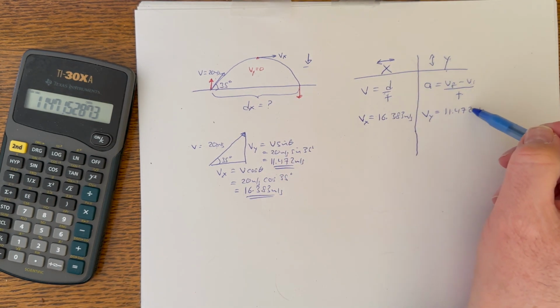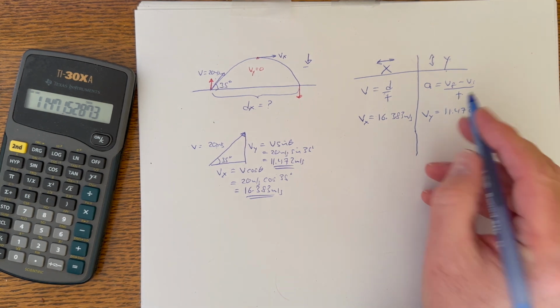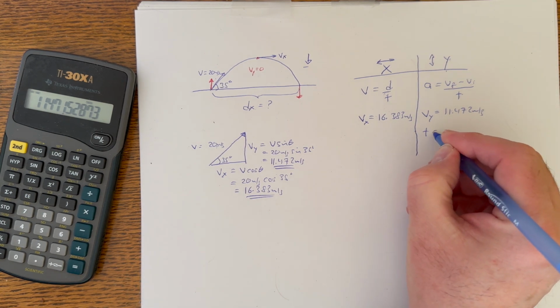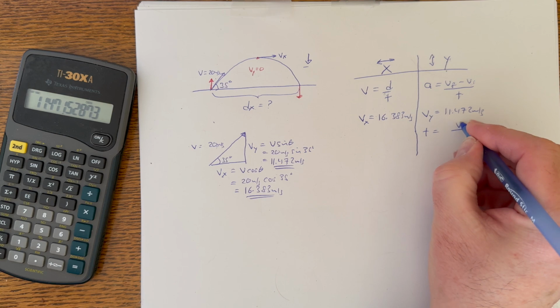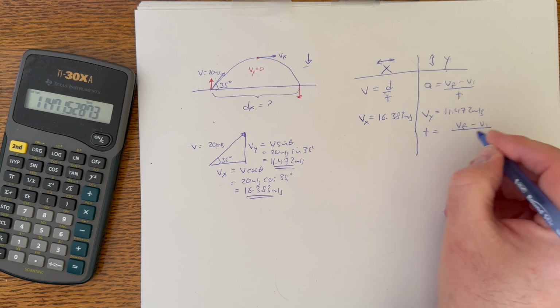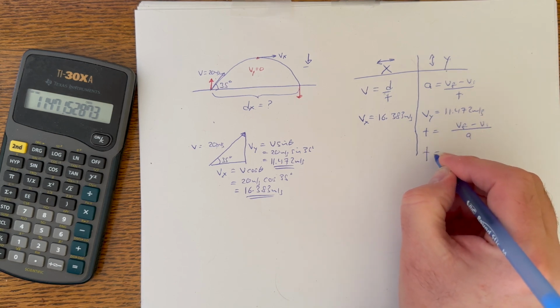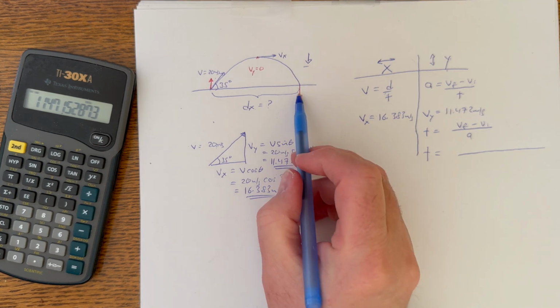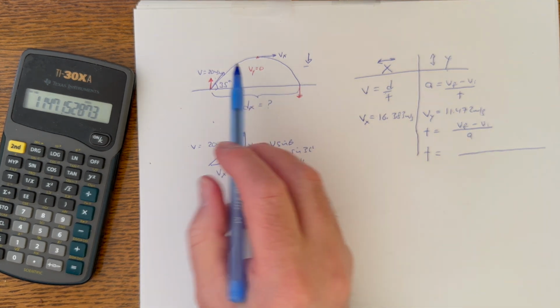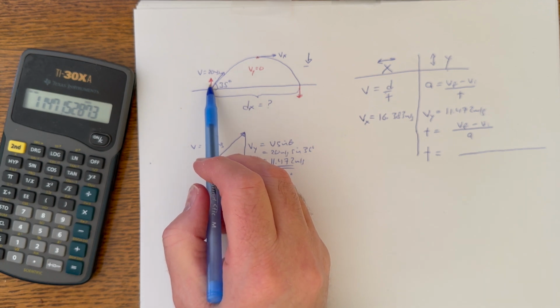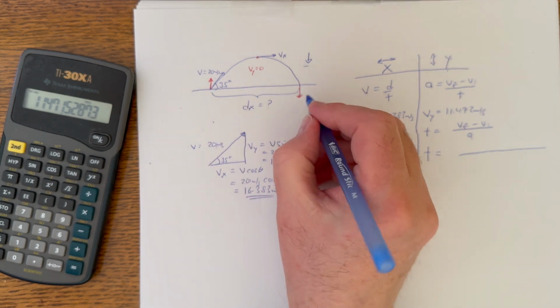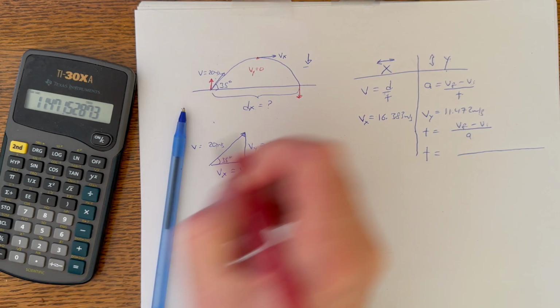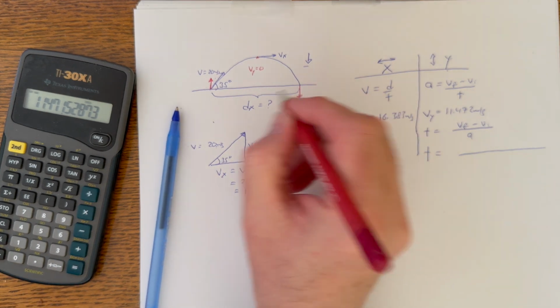Do I know the V's? Yeah, sure I do. So I'll use this equation to solve for time. So T, bit of algebra here, Vf minus Vi over A. Now, careful with the substitution here. The final velocity in the y dimension is actually the same as the initial velocity, but opposite directions. This one will be negative, because I said down is negative.